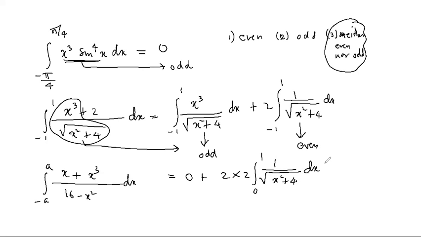Is this clear to everybody? Yes, sir. Now the question asks, how do you integrate this? You have a direct formula: log of x plus root of x square plus 4. When I put 1, I will get log of 1 plus root 5.